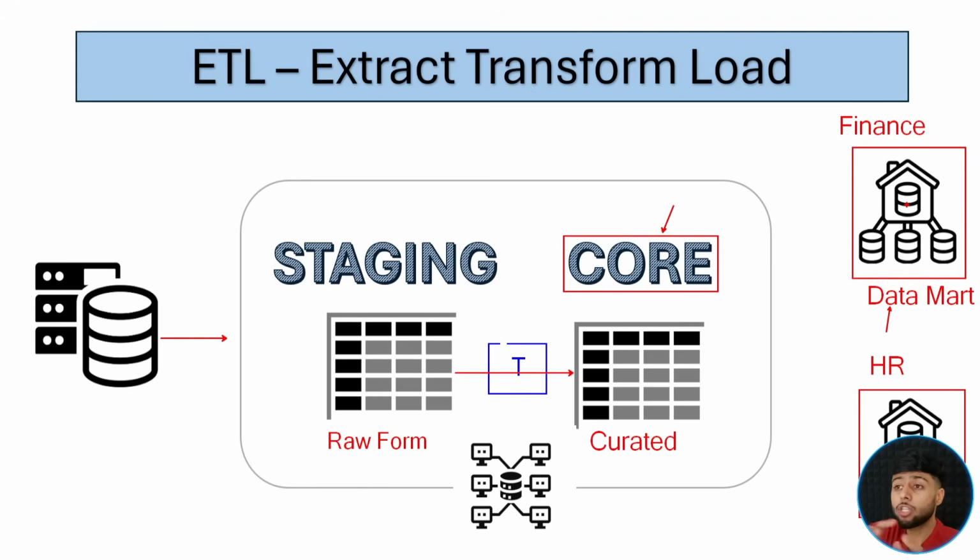So when we separate the data based on the business requirement, for a particular business use case, it becomes a data mart. So a data mart is nothing but a subset of your data warehouse. So what we have done is use the core layer, applied some filters, and fetched the data for the finance domain.